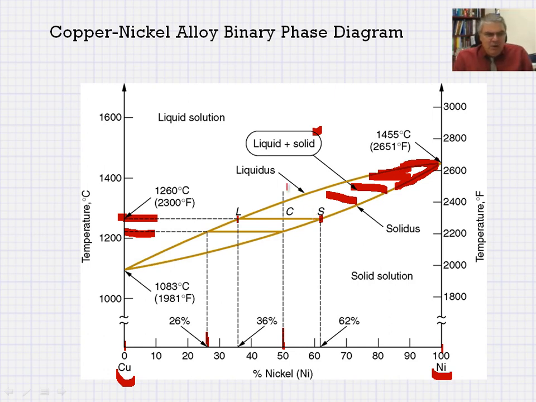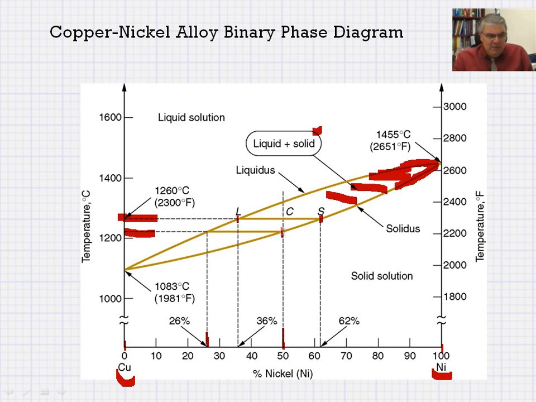If you want to do the same thing with 50% nickel in a copper nickel alloy, we can again continue that line. At some point, it is going to hit the solidus, and we would draw a horizontal line at the intersection of the vertical line drawn at 50 and the solidus curve.